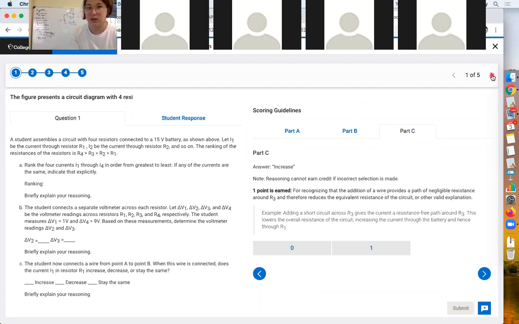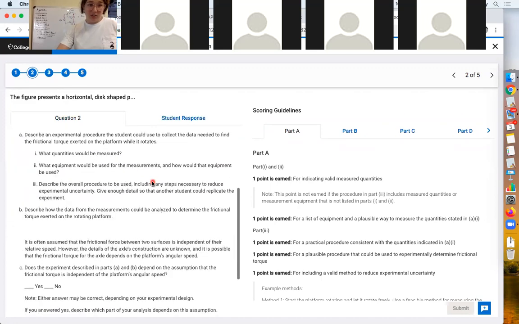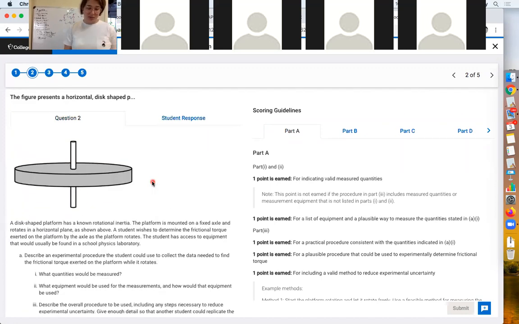Okay, so on to question 2. 2 was about rotation. Note, 2 is extremely difficult to grade, and all lab questions are extremely difficult to grade because they always say, well, whatever works, which is an extremely annoying answer.